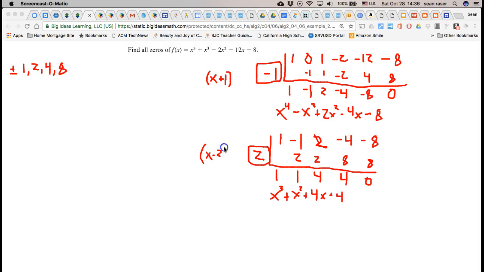When we write our polynomial at the end, we want to make sure that we include all of these factors that we've taken. So let's do this one more time. Now look, we've got 4 as our constant and 1 as our coefficient. So plus or minus 1, 2, or 4 are going to be the ones we look at.